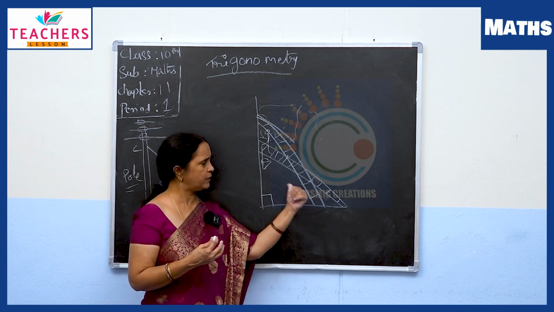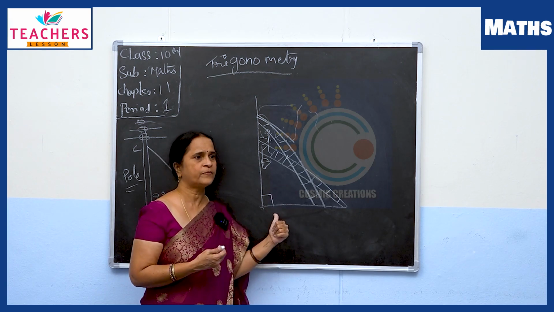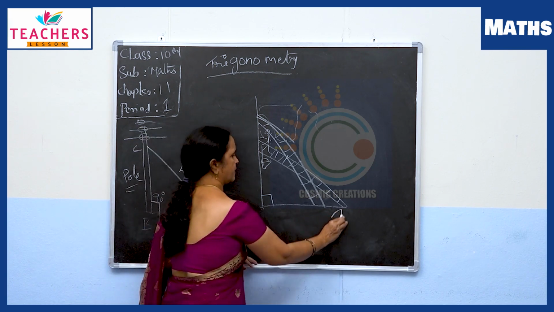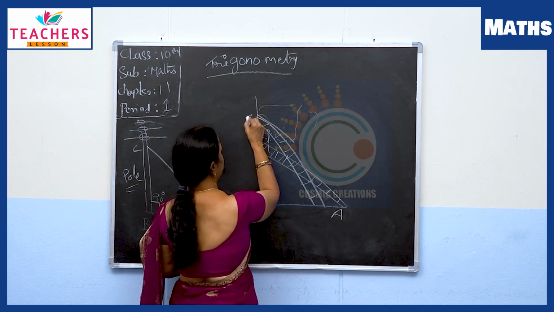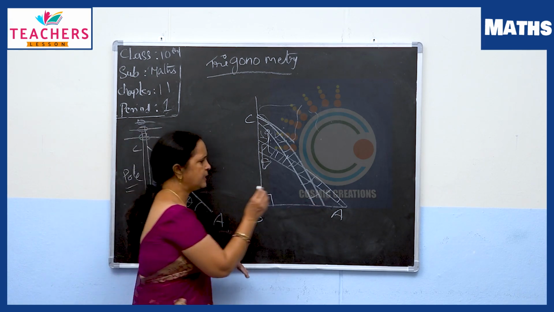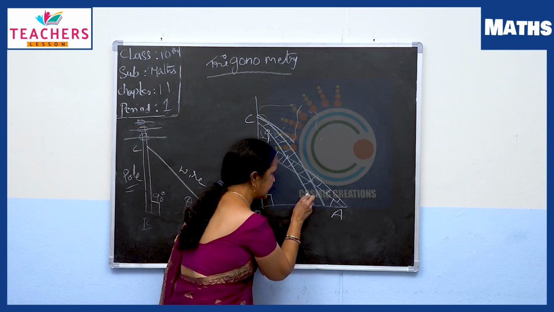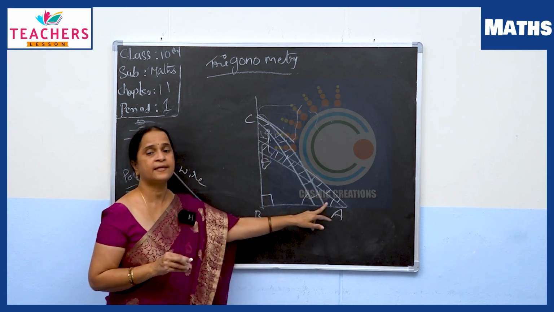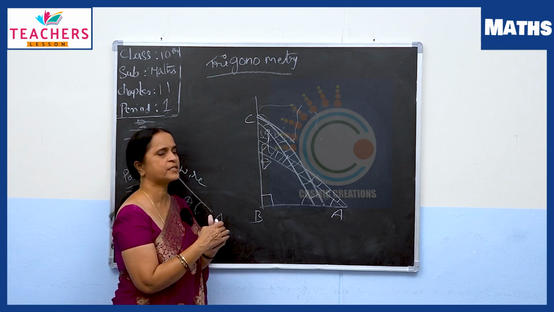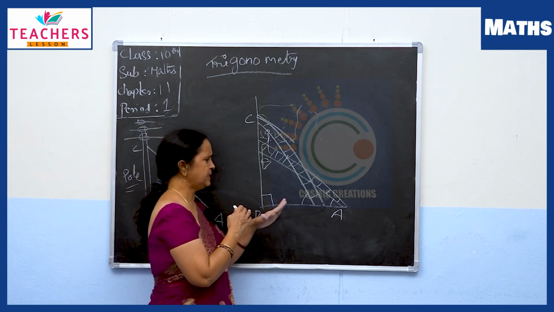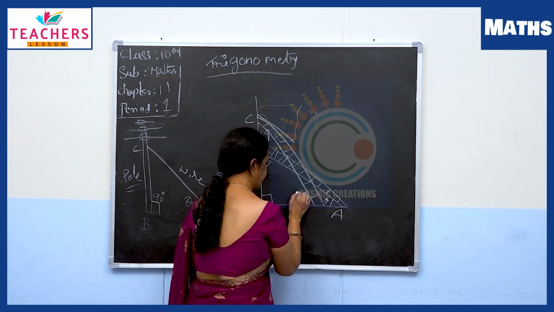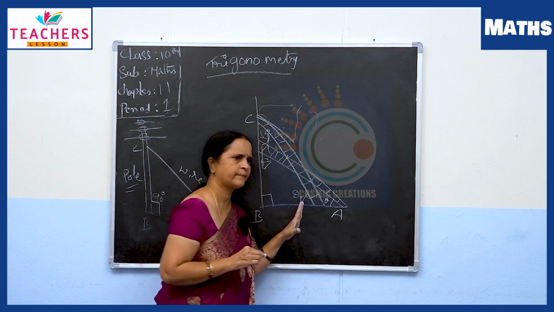Just observe this triangle, A, B, and I am writing C, and let me know what you observed. It moves close to the wall. Then what are the changes in this angle? Did it rise or reduce? Yes, the angle is rising here. If it was theta, it became theta 1.